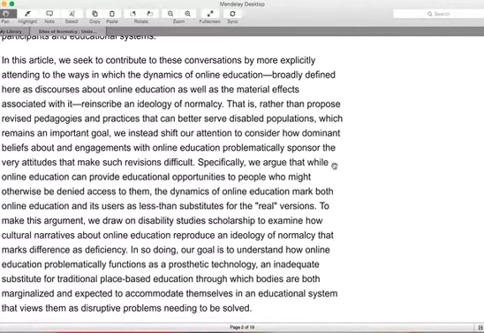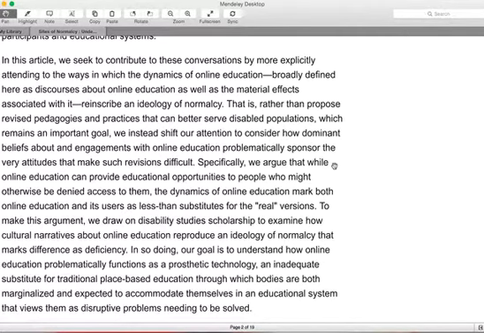So again, I might highlight this. And then again, include another note. So I might write here methods of support. Use disability studies scholarship to read how narratives construct and circulate ideology of normalcy.